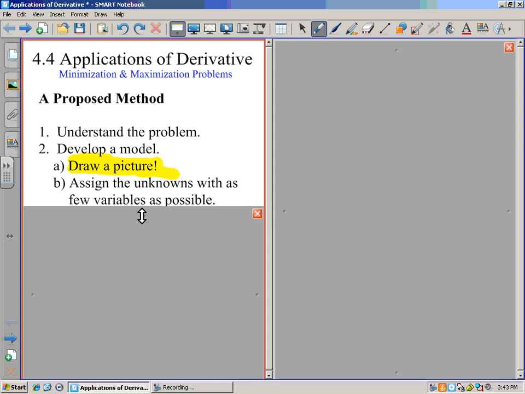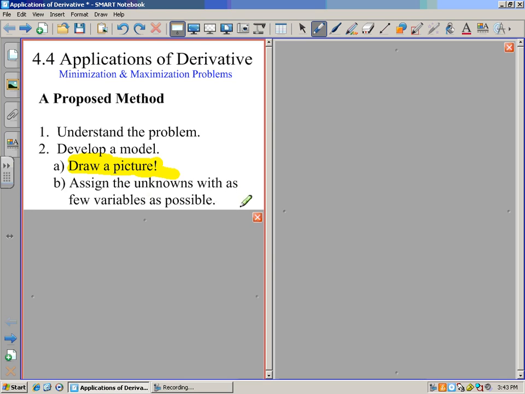Now, you're going to assign the unknowns in that picture with as few variables as possible. What this means is that you are going to want to introduce a variable, and then if you can, represent other quantities in the situation based on that particular variable instead of introducing a new variable.